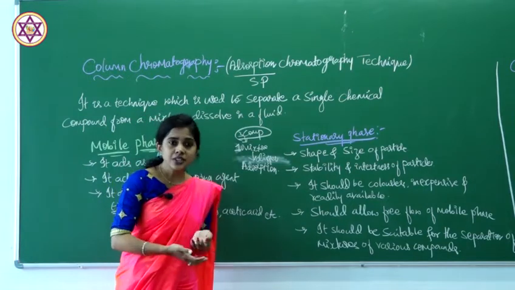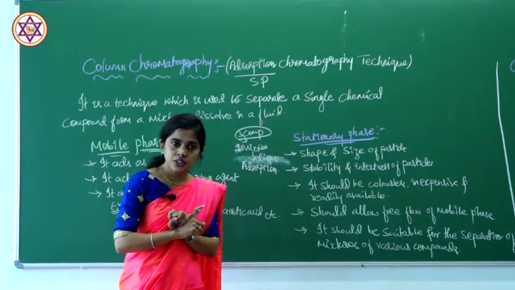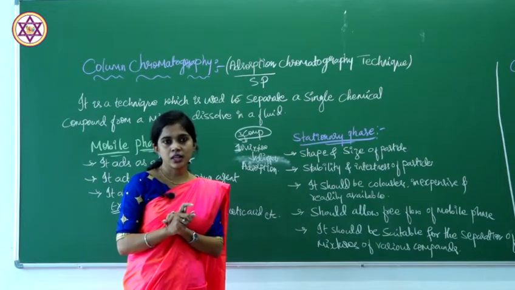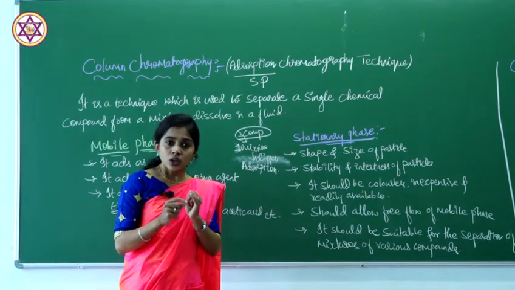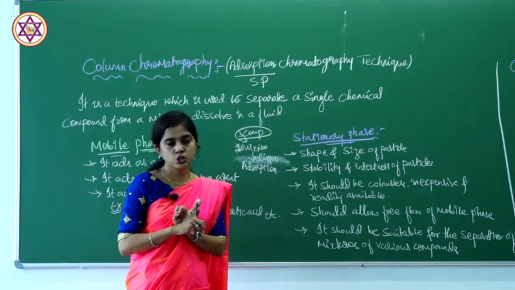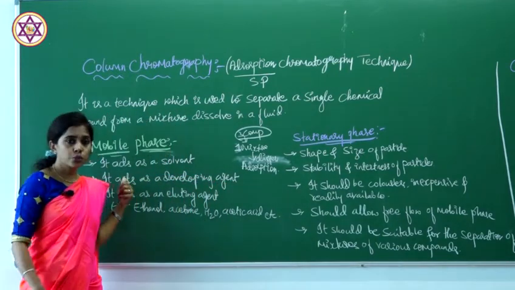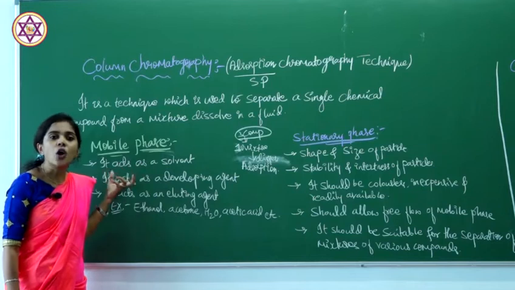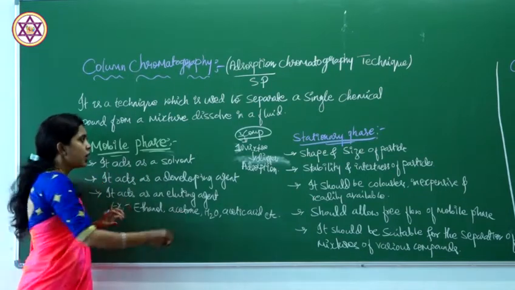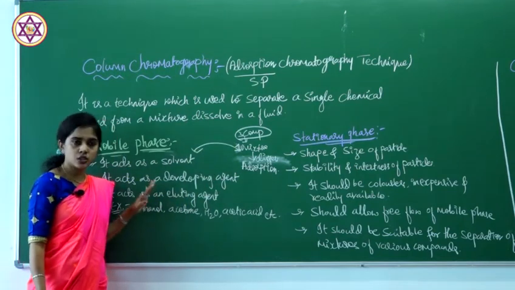How is this going to adsorb? As I said, the stationary phase acts as the adsorbent, and the mobile phase acts as a solvent. We have to observe the nature of the mobile phase and what kind of stationary phase should be there. The mobile phase is a solvent: the given mixture is dissolved in a suitable solvent.